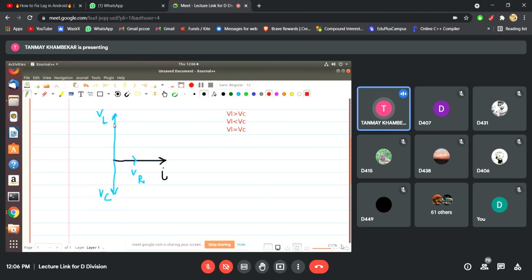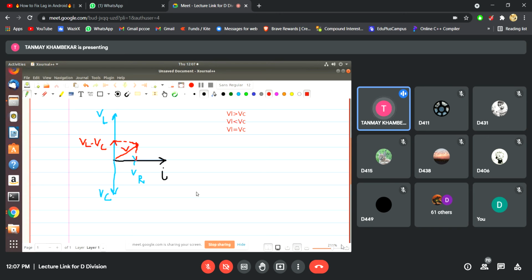Somewhere here it will come. So this is the resultant of VL and VC. VL is greater than VC, so the resultant is on the VL side. Right? Yes, ma'am. And now I will take the resultant of this phasor and this phasor. So I will just draw a parallelogram, and this is the resultant V.